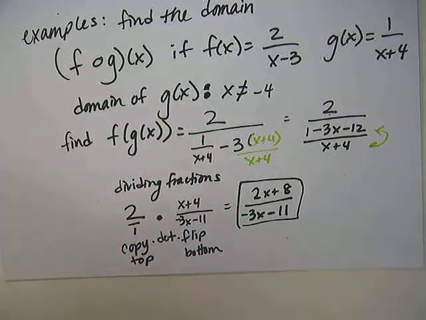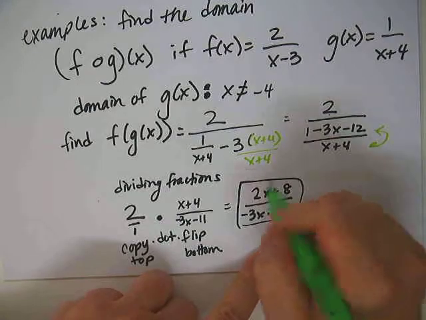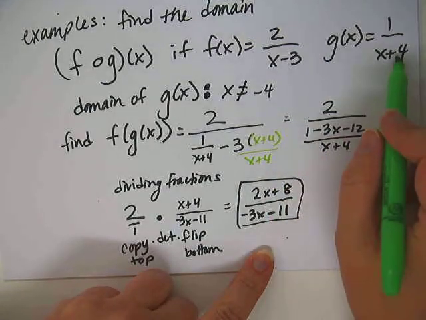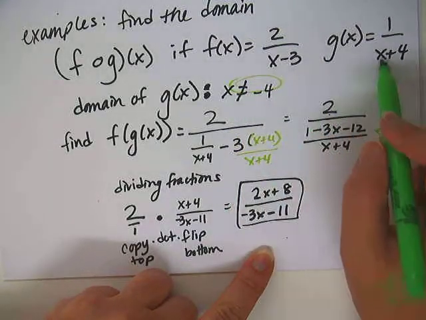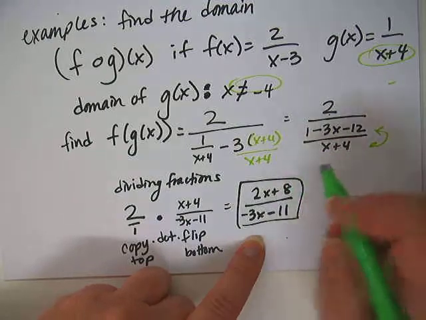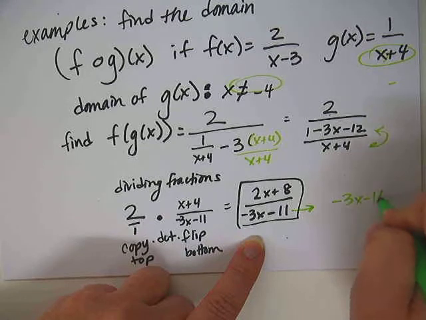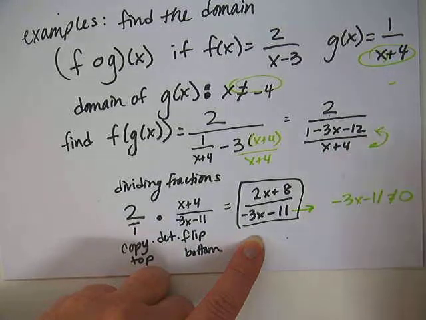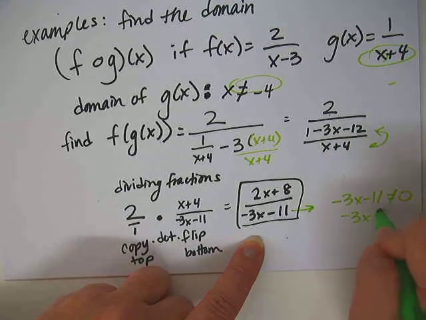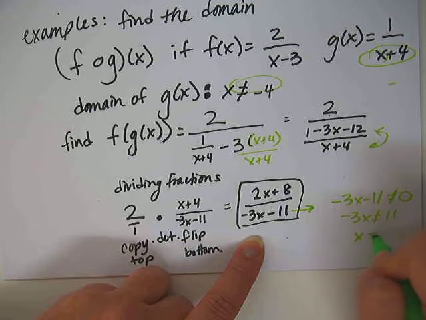Okay. Now we want to look at the domain. Well, the domain is looking at what that denominator can't be. So this one was easy to look at and just say, oh, it can't be negative 4. This one's a little bit trickier. Probably easiest done if we take this thing, negative 3x minus 11, and set it equal to 0, and that's what it can't be, right?